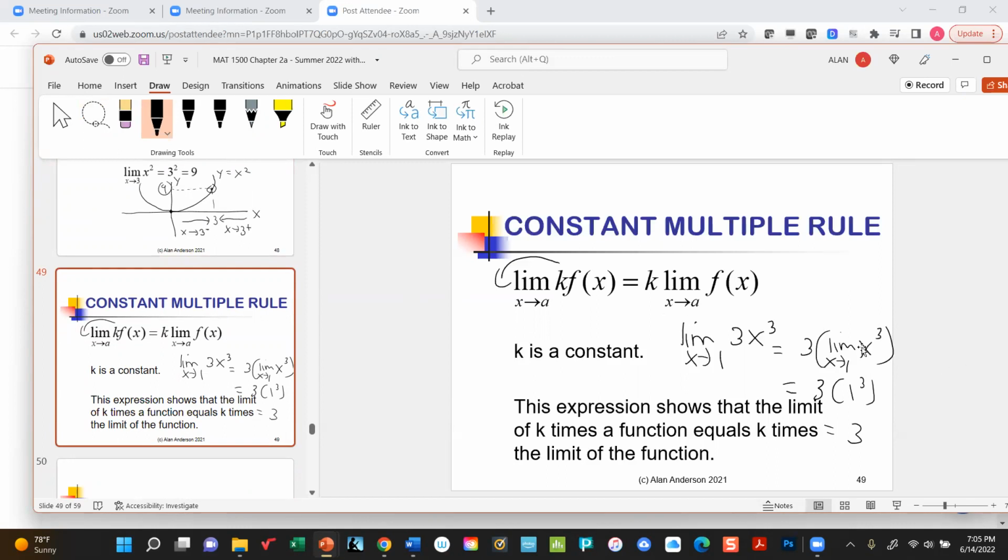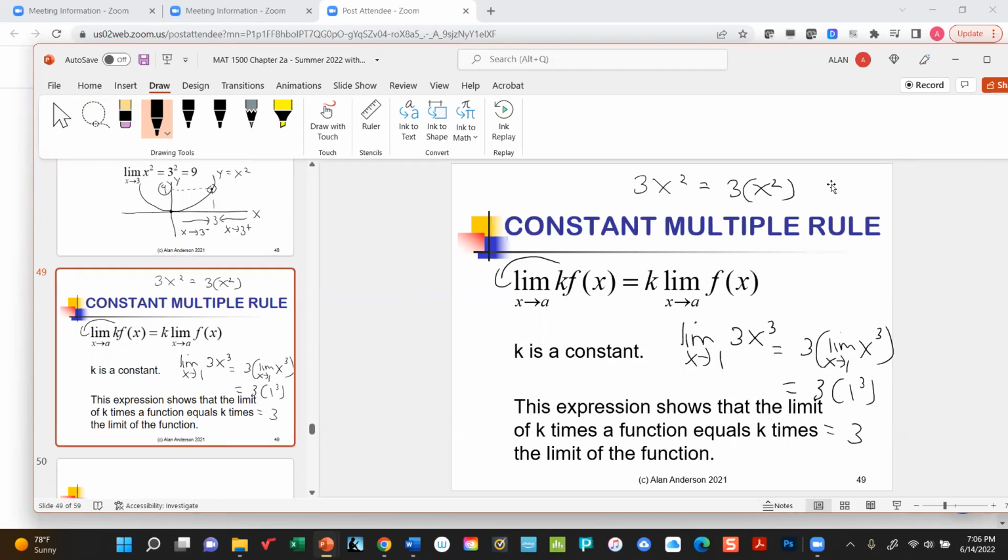Once we've calculated the limit, we can then multiply by that constant. So this could be rewritten like this. You can evaluate this x squared followed by multiplying by 3. And so we end up with the same result.